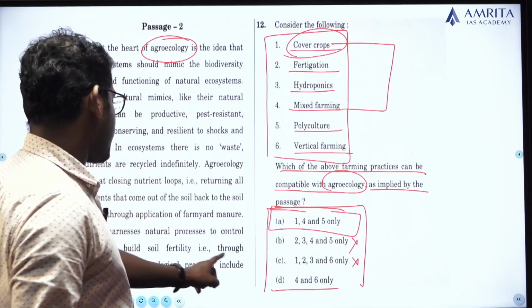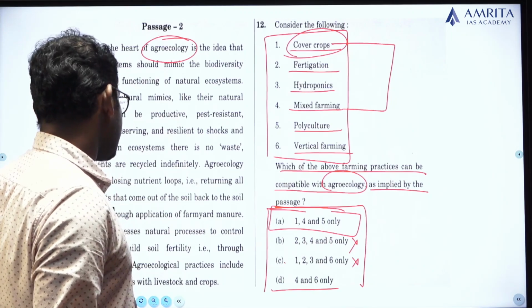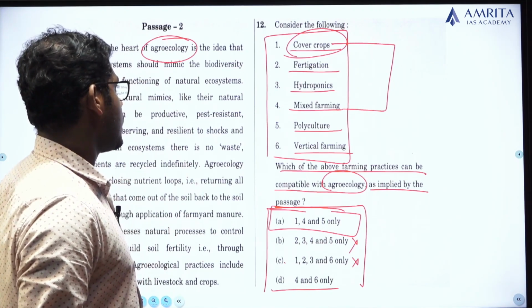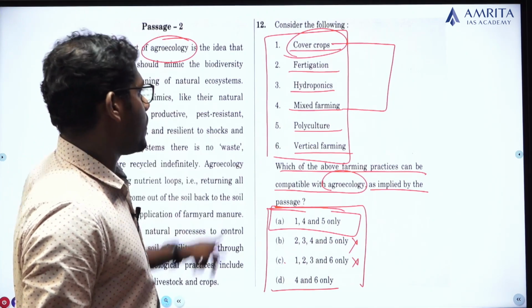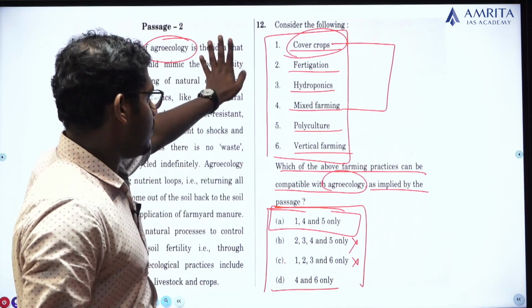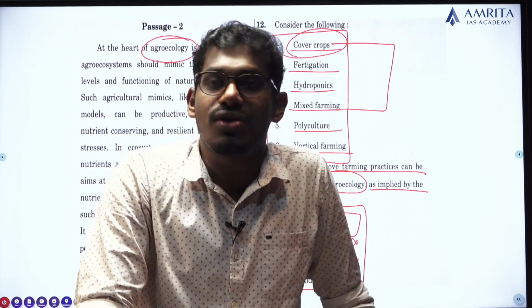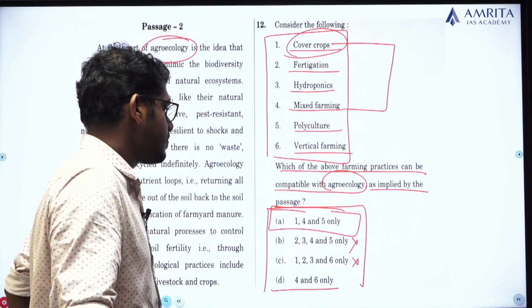Also, agroecological practices include integrating trees with the livestock and crops. So integrating trees with the crops means what? Mixed farming. Clear? Also livestock, it is also a part of mixed farming. So it comes along with what? Polyculture. So anyway, 1, 4, 5 will be the correct answer. The answer for this question is option A, 1, 4 and 5. Clear? Okay. We are moving to next question.